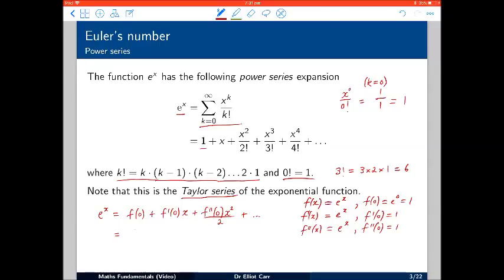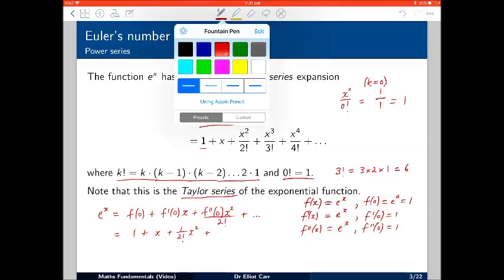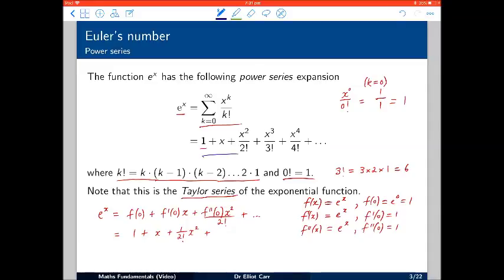So I get 1 plus x plus 1 on 2 factorial x squared. I continue to do that and I get precisely this formula up here.